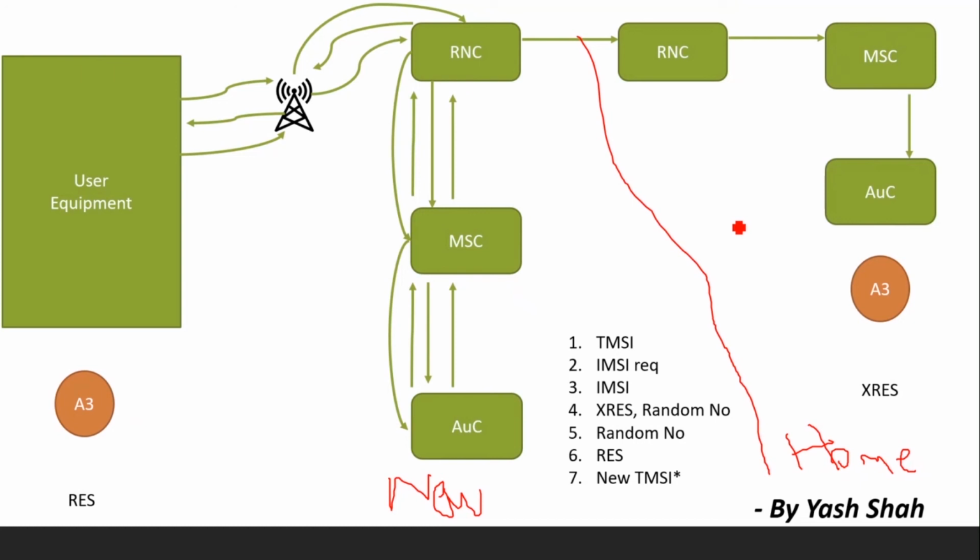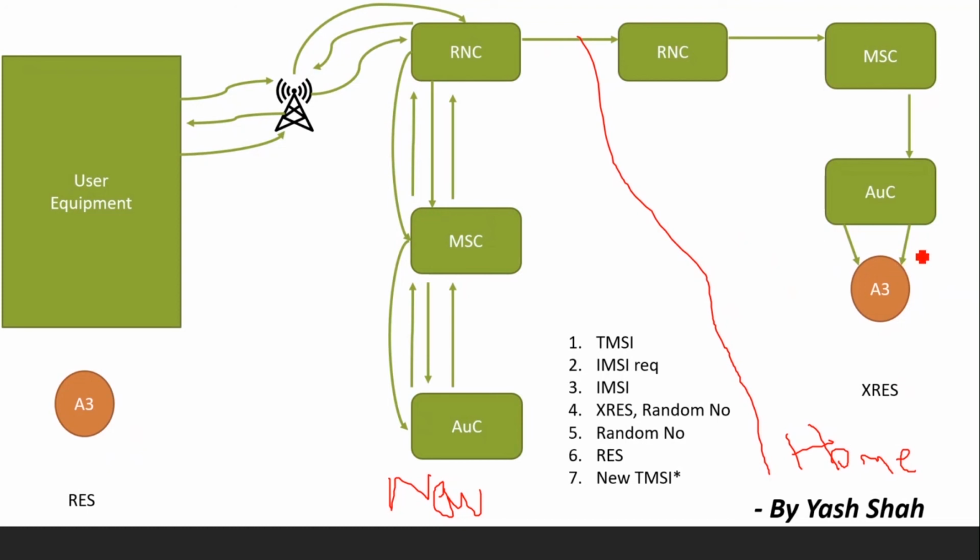Now the authentication center of the home cellular network receives the IMSI. It will have this IMSI registered along with the AUTN number, which it receives from the HLR. The AUC, on receiving the IMSI number, checks the IMSI number in the HLR, that is the home location register, and retrieves the corresponding AUTN, that is the authentication number, from the HLR.